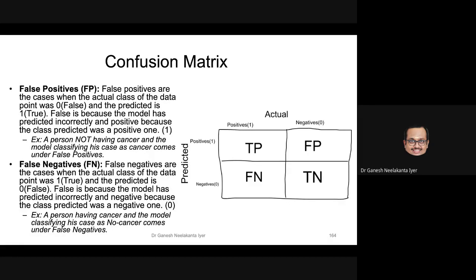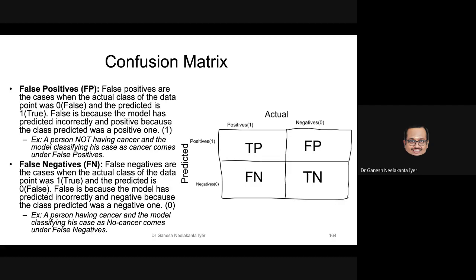What about a false positive? A person who doesn't have cancer, but my algorithm said he has cancer. Imagine corona: someone tested positive for corona, but actually he had no corona, some error. Next day he tested, it was correct. We have seen such news a lot, right? False negative: a person having cancer identified by the algorithm as no cancer. That is a false negative.